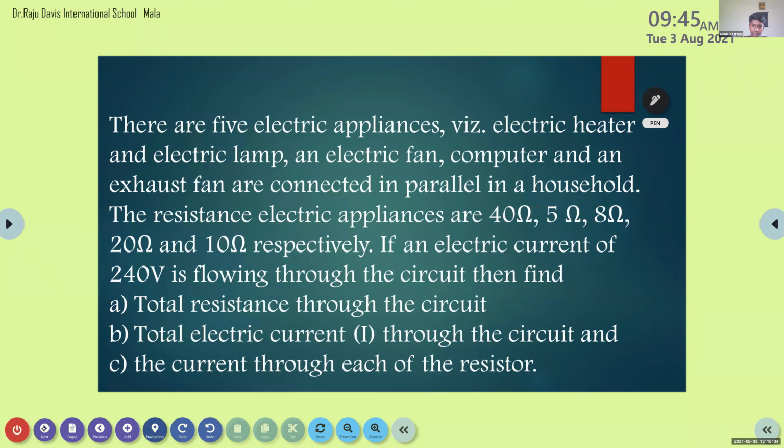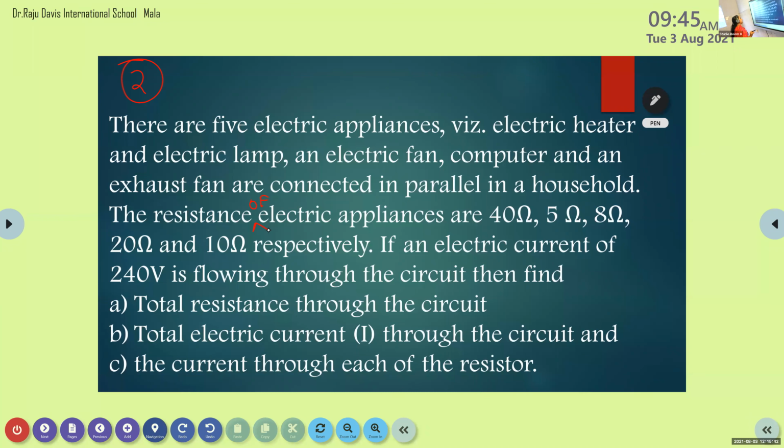Okay, here you have the second question. Question number 2. There are 5 electrical appliances: an electric heater, electric lamp, electric fan, computer and an exhaust fan, connected in parallel in a household. The resistances of the appliances are 40 ohm, 5 ohm, 8 ohm, 20 ohm and 10 ohm respectively.